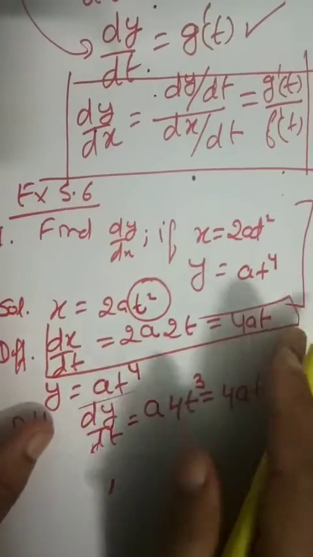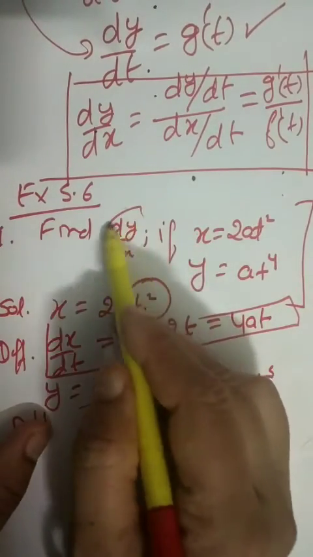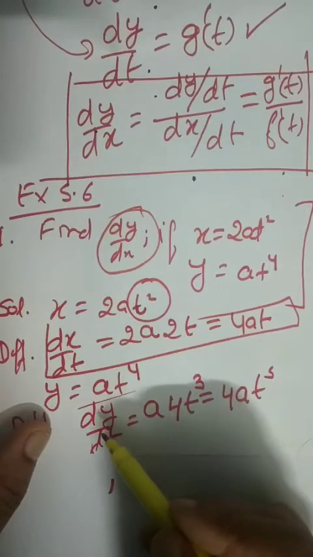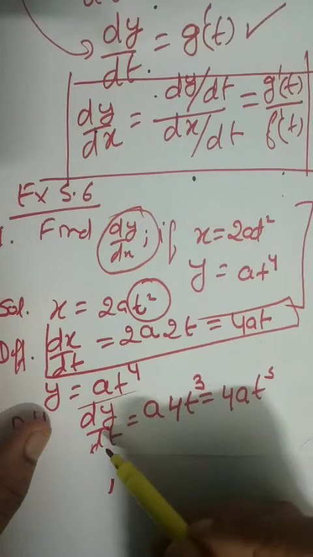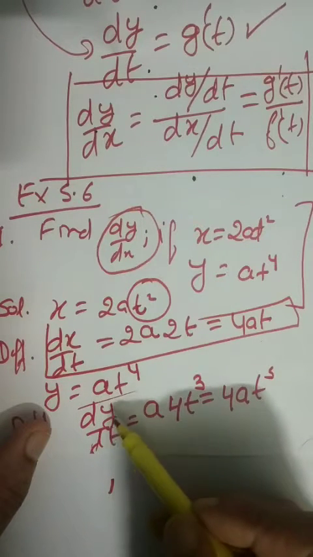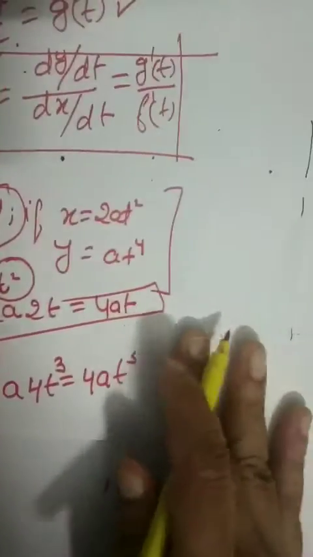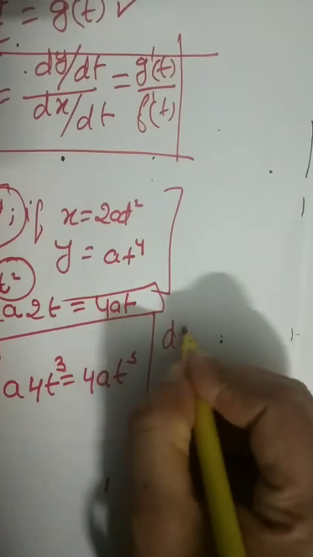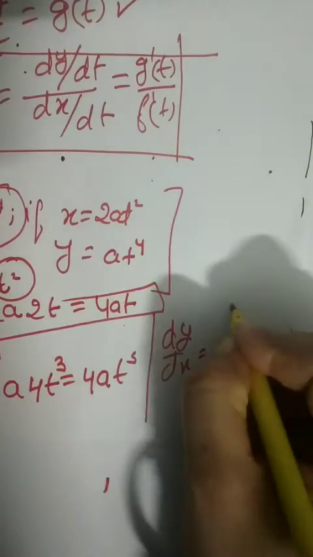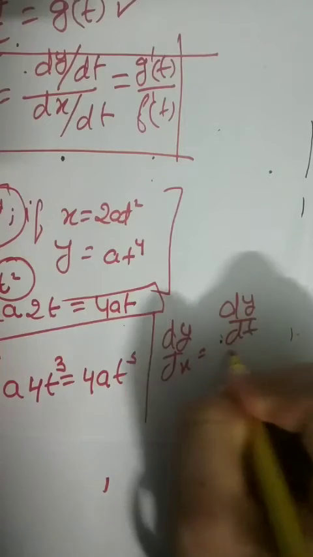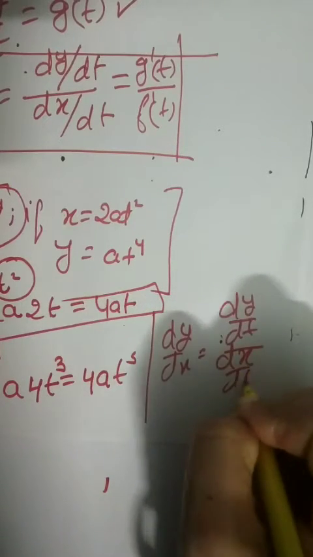Now what we have to do, we have to find dy upon dx. This means you have to divide the derivative of y with respect to t by the derivative of x with respect to t. When you divide this, dy upon dx is dy upon dt upon dx upon dt.